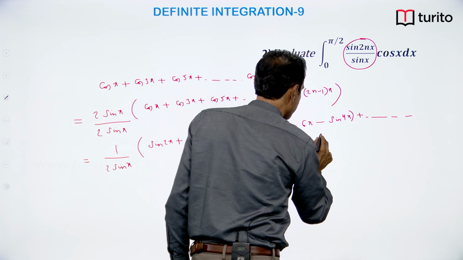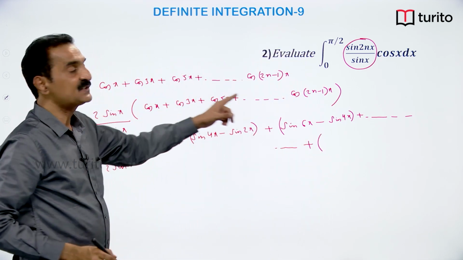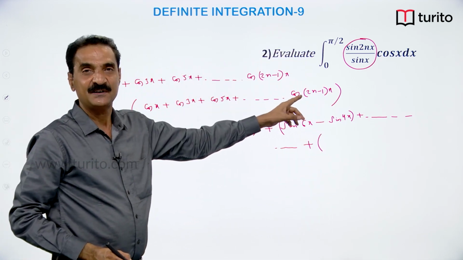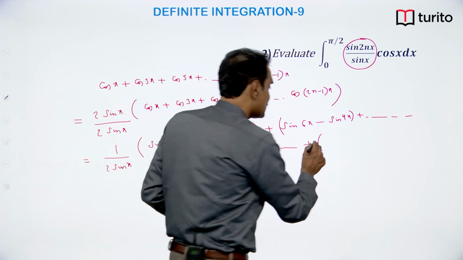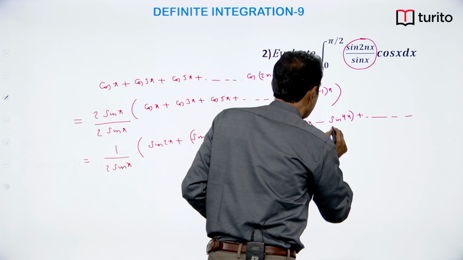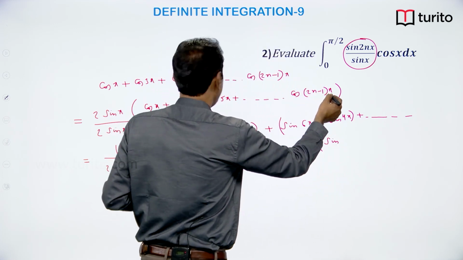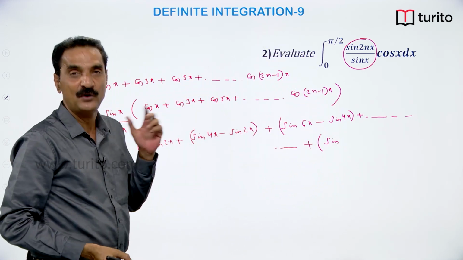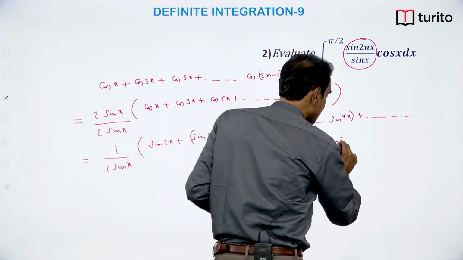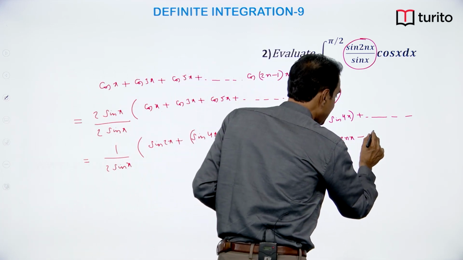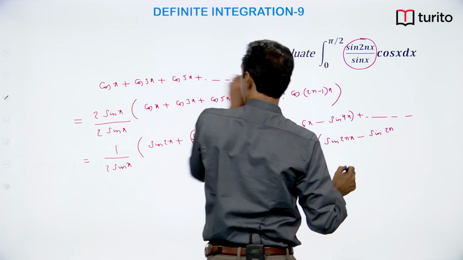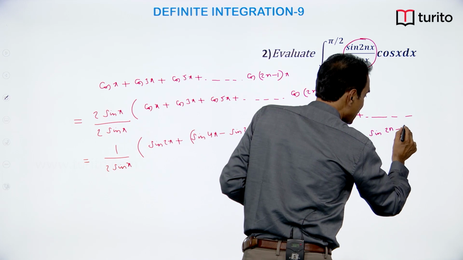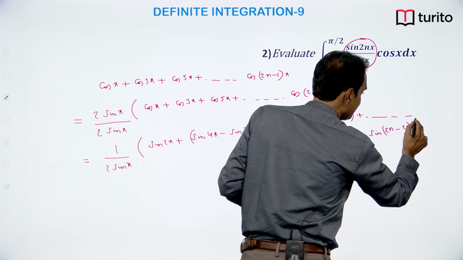The last term is 2 sin x into cos of 2n minus 1 into x. Again the sin a plus b minus sin a minus b formula. Sin a plus b means 2n minus 1 into x plus x will be 2nx, minus sin of this minus this, 2n minus 2 into x.